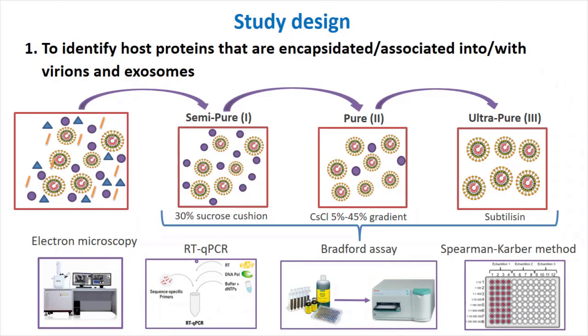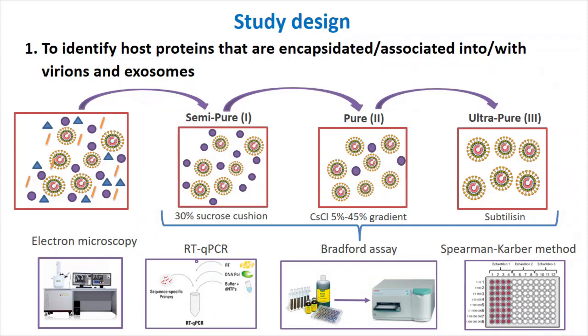So very briefly, about how we did this work. As you can probably imagine, when you collect the supernatant from infected cells, it has everything. It's a soup of everything. There are viral particles, but also microvesicles, cellular debris, and so on.